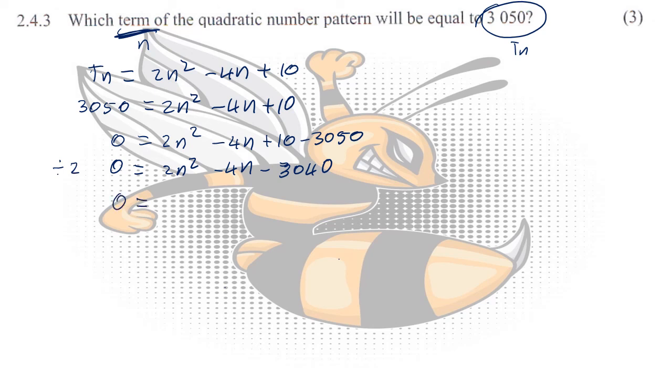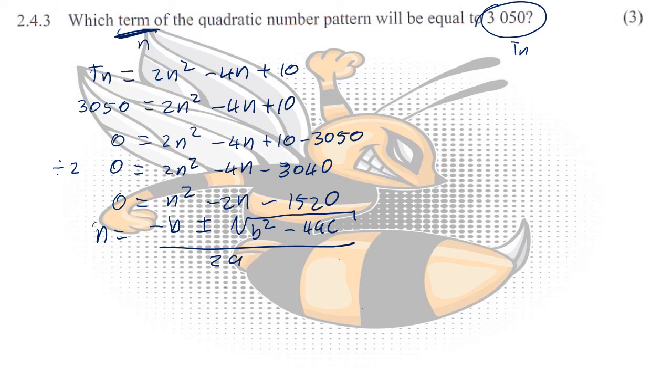So 0 is equal to n squared minus 2n minus 1520. Now this is going to be impossible to try and factorize. Well, not impossible, but it's going to take a lot of time. So our easiest way to continue from here is to use the quadratic formula: minus b plus or minus the square root of b squared minus 4ac, over 2a, and in this case, instead of equaling x, we are equaling our n value.